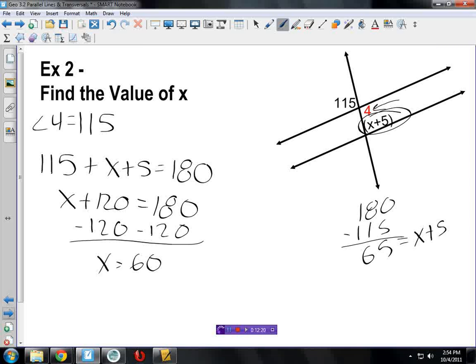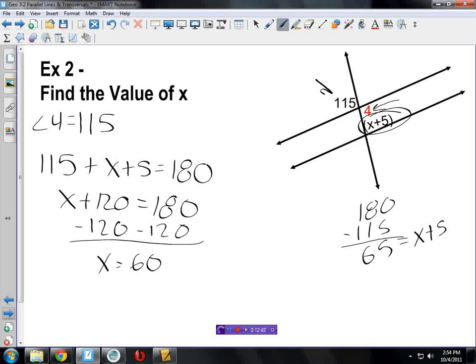You still get 60, you still get the same answer. Now, we took an extra step of finding angle 4 first, right? We went vertical angles, then consecutive angles, and then we solved. But we know if we have parallel lines, any small angle will equal any other small angle, any big angle will equal any other big angle, and any big plus a small will equal 180.